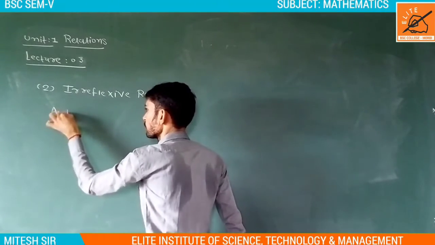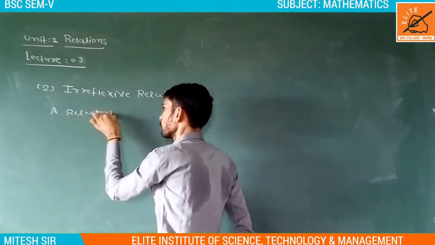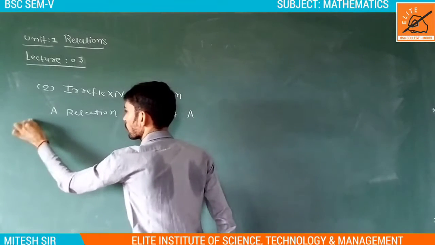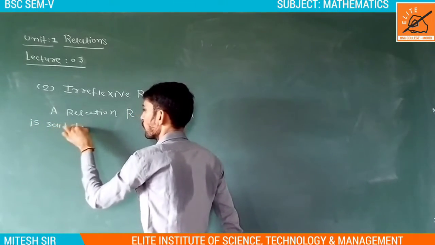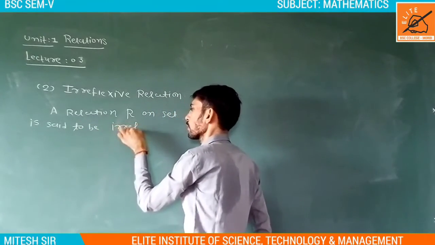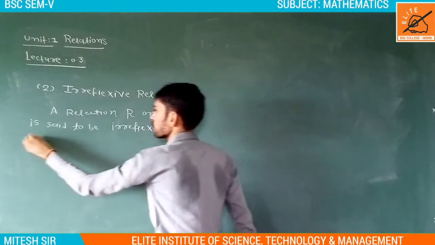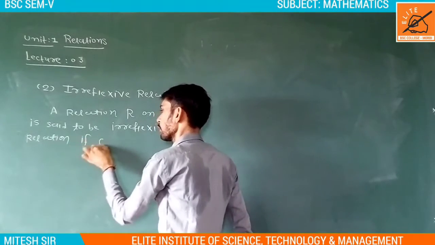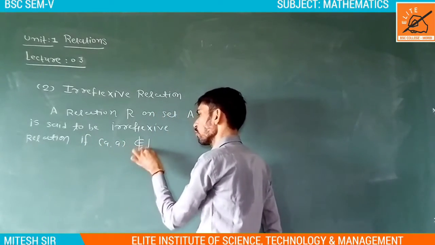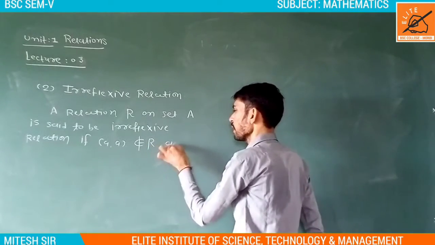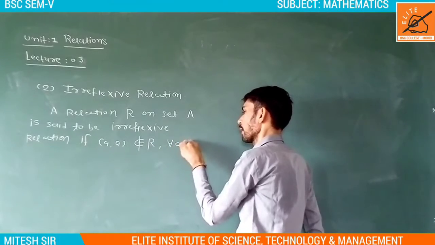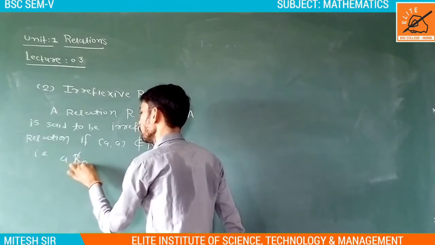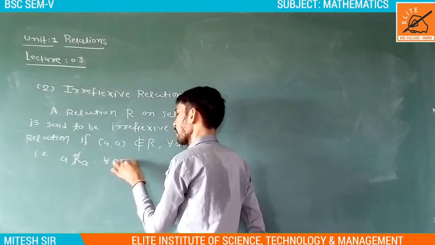A relation R on set A is said to be an irreflexive relation if the pair (a,a) does not belong to your relation for every a belongs to A. In other words, a is not related to a, for every a belongs to A.